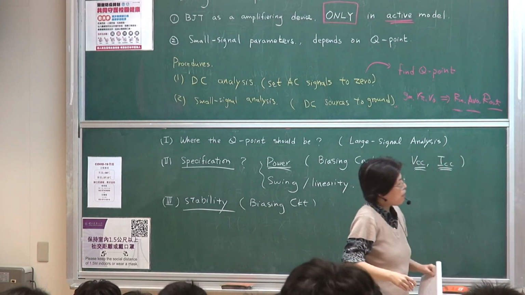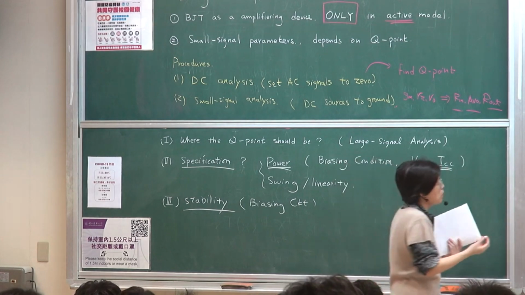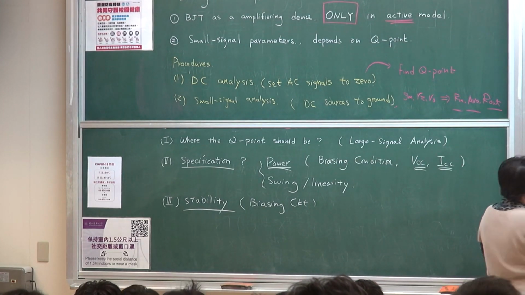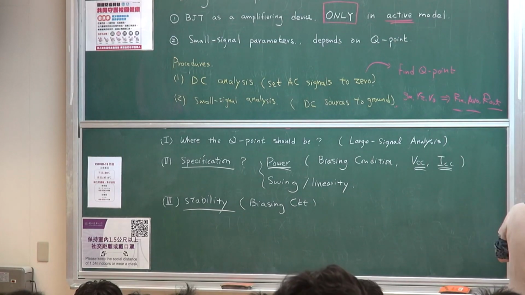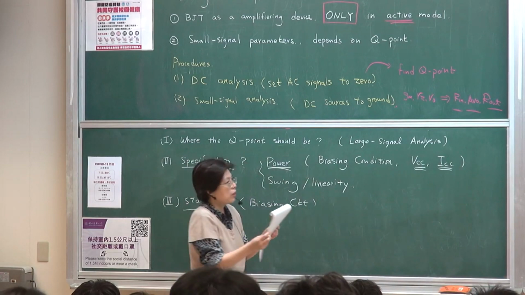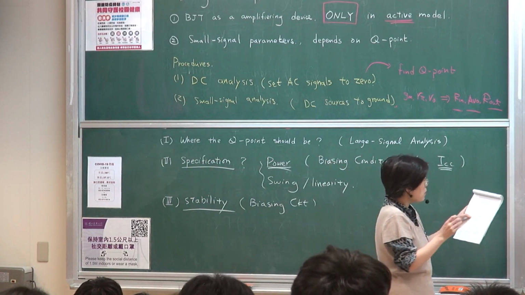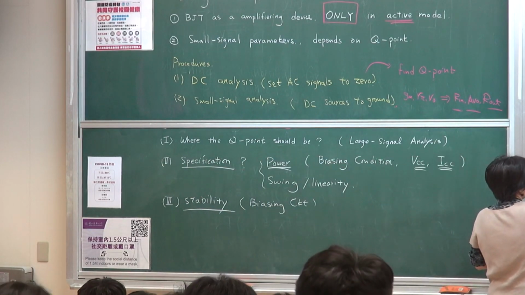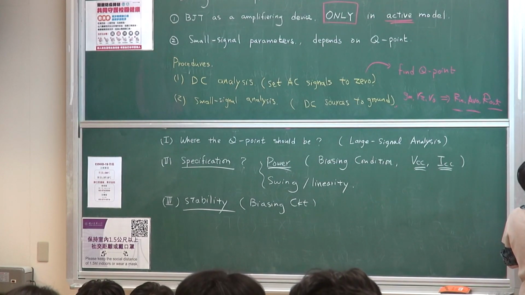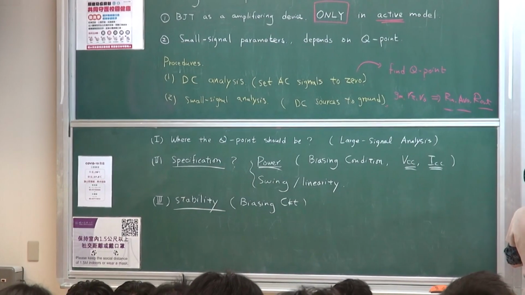Let's think firstly about a common emitter structure. So this is my common emitter structure. Let's think of this as a simple bias scheme. We're going to introduce a few of the biasing schemes.